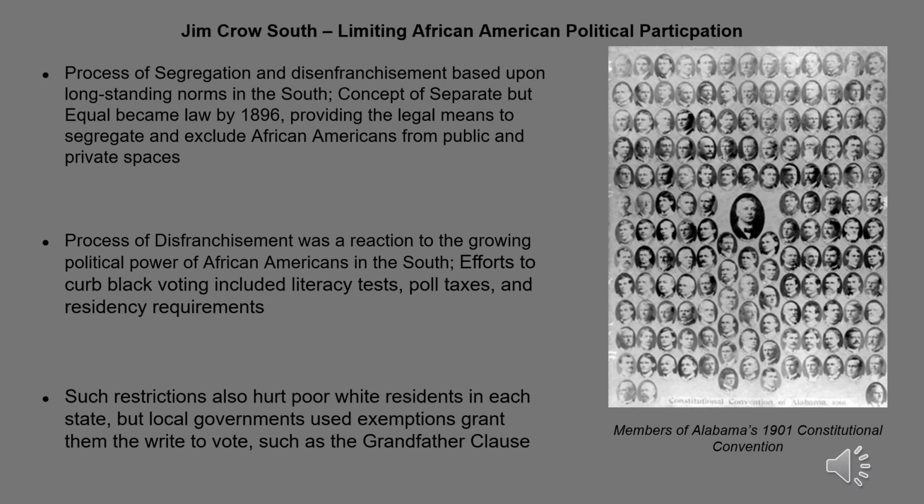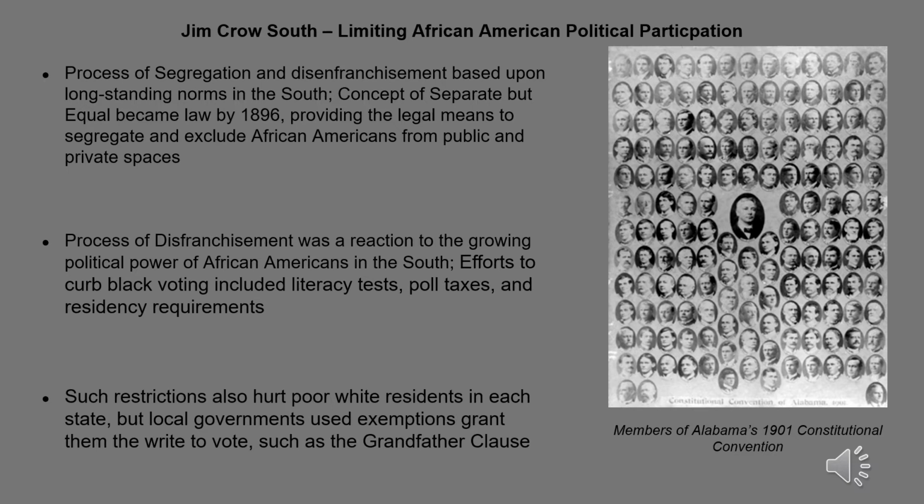And also, we want to make sure that as the white population in the South, we have a distinct society that is superior to the black society. So we want to ensure that social standings and social customs remain in place where we're on top and the African American community is on the bottom. These are the thoughts of these white politicians who have regained power and society in general during this period.